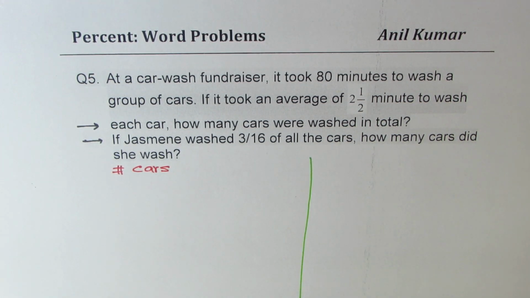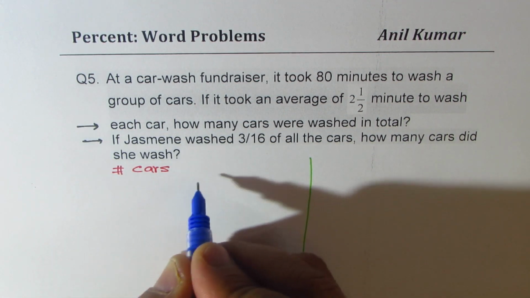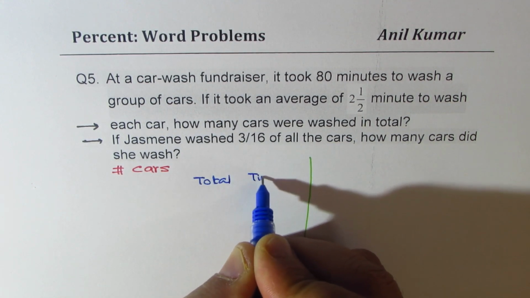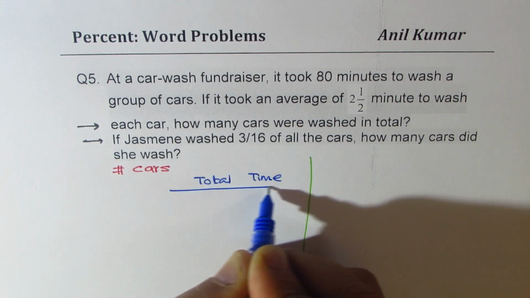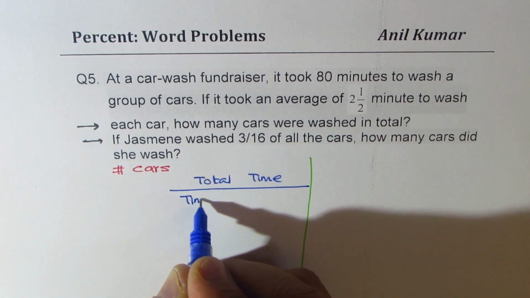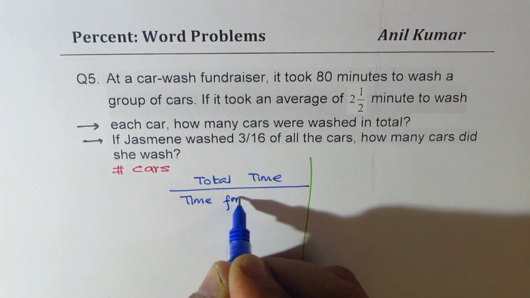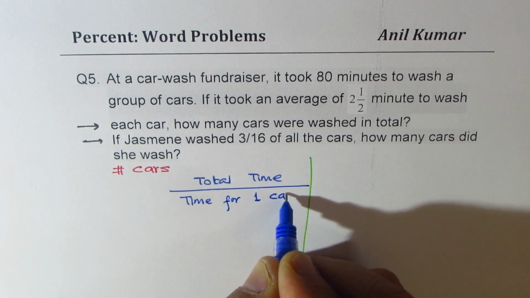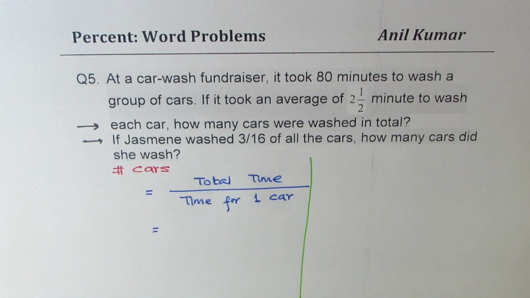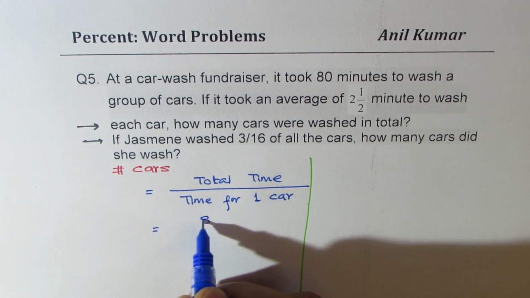Now we have a total time of 80 minutes. Right. Total time. So it is total time divided by time taken for one car, right? Time for one car. So in our case, that is the number of cars. Total time is 80 minutes.